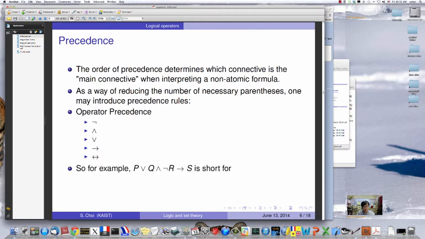For example, if you have P or Q and not R implies S, negation is first, and is second, or is third, and then the arrow is the last. So that's the precedence. You can shorten the writing because you can reduce the number of parentheses here. Of course, parentheses are a part of the logical connectives, you can kind of think of it that way.